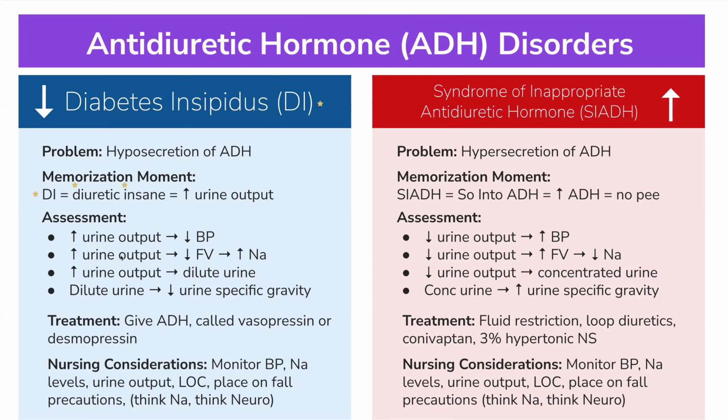That means when they have DI, diabetes insipidus, it's like they took a crazy diuretic and they are peeing nonstop. Tell me in the chat if you've got it. Diabetes insipidus is DI, and DI stands for diuretic insane. So diabetes insipidus means they're peeing like crazy.